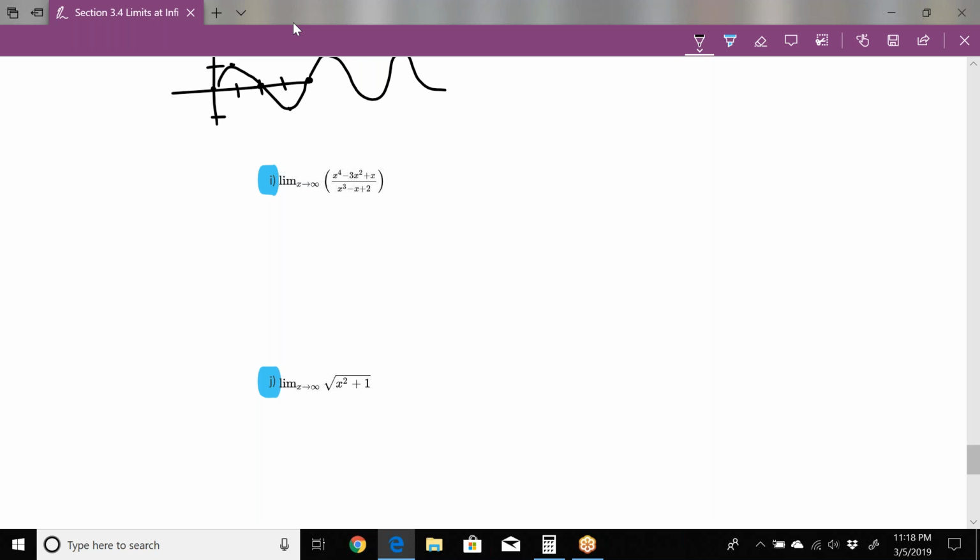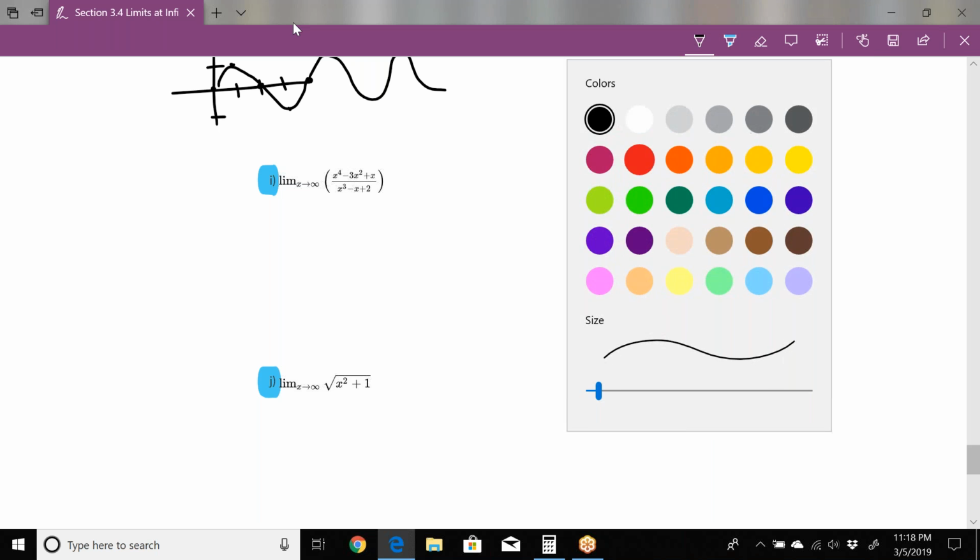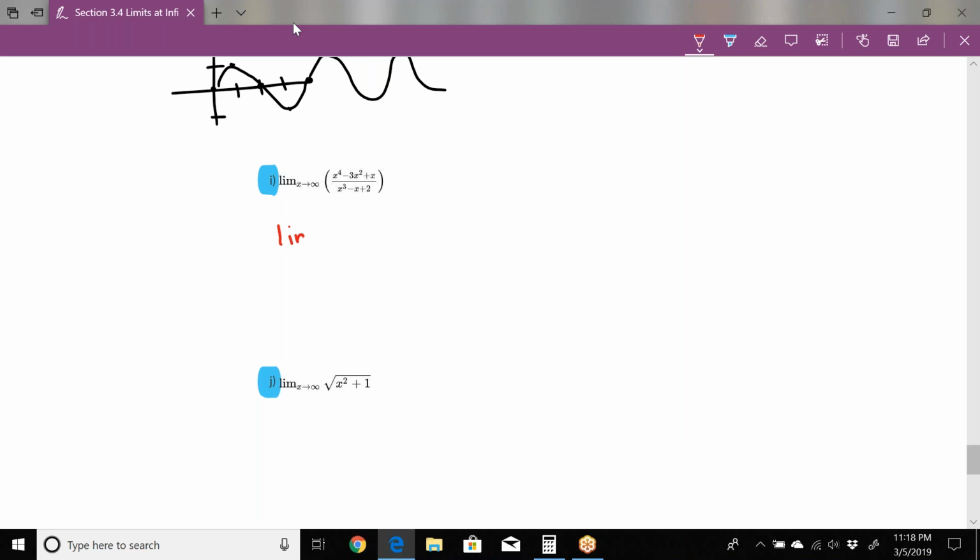Again, the highest power in the denominator here is x to the third. So we will take everything and divide it by x to the third. So this would be x to the fourth divided by x to the third minus 3x squared divided by x to the third plus x divided by x to the third, over x to the third divided by x to the third minus x divided by x to the third plus 2 divided by x to the third.